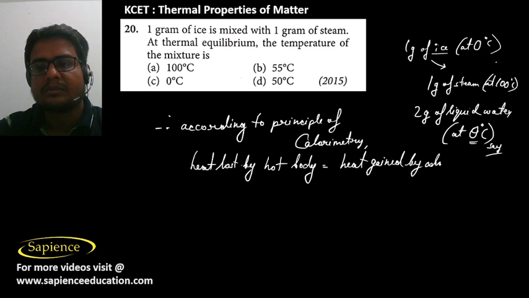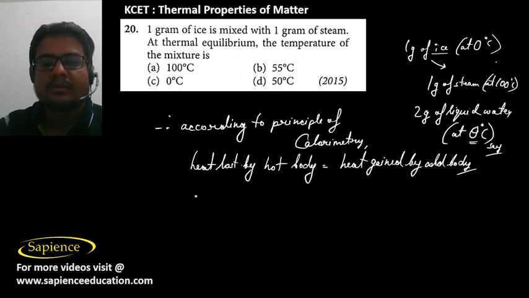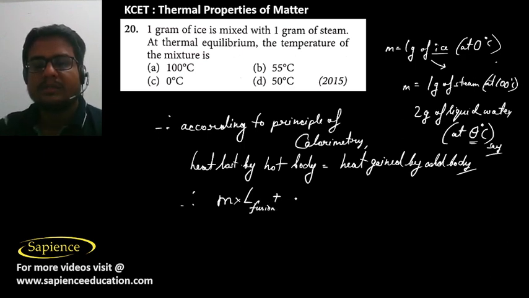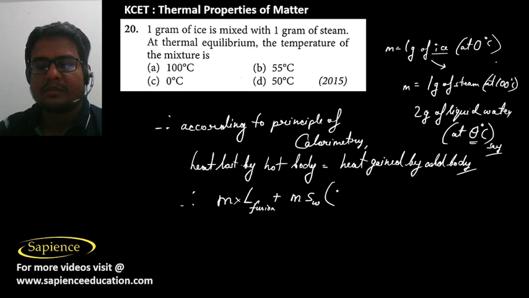So now, heat gained by the cold body: first 1 gram of ice will gain the latent heat, which is m into L, the mass m is 1 gram, into the latent heat of fusion, plus mass into specific heat of water into theta minus 0.